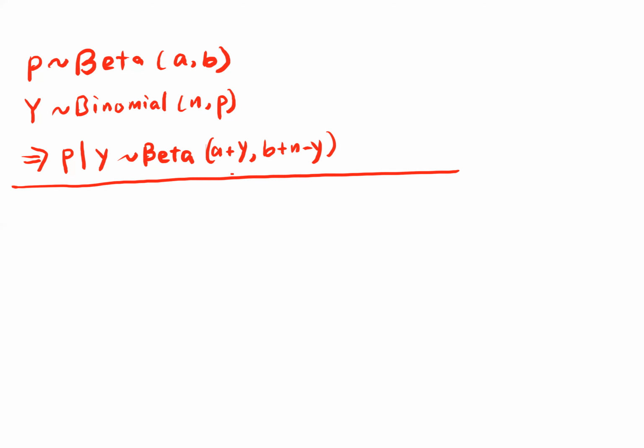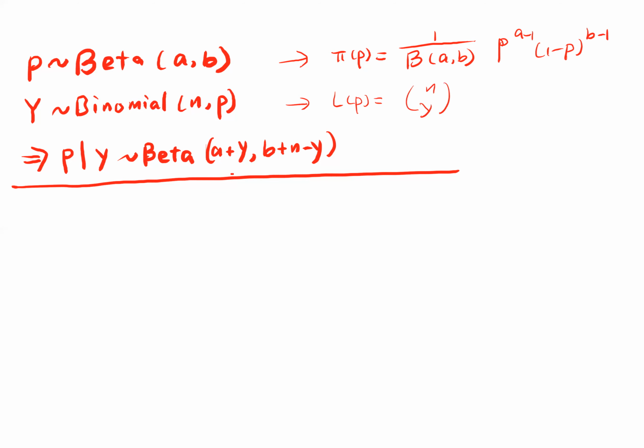So to set this up, we know that the prior density will be 1 over the beta function B(a, b), p to the power of a minus 1, 1 minus p to the power of b minus 1, right? Here, the likelihood is n choose y, p to the power of y, 1 minus p to the power of n minus y.